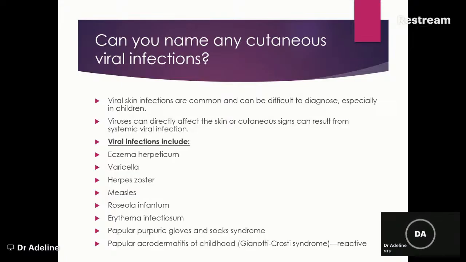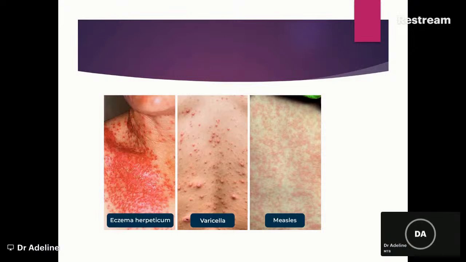Some of the common examples include eczema herpeticum, varicella, herpes zoster, measles, roseola infantum, erythema infectiosum, papular purpuric gloves and socks syndrome, and papular acrodermatitis of childhood, which is a reactive condition. These are the pictures of a few conditions that I just mentioned. The first one is eczema herpeticum. The second one is varicella, which is chickenpox. And the next one is measles.